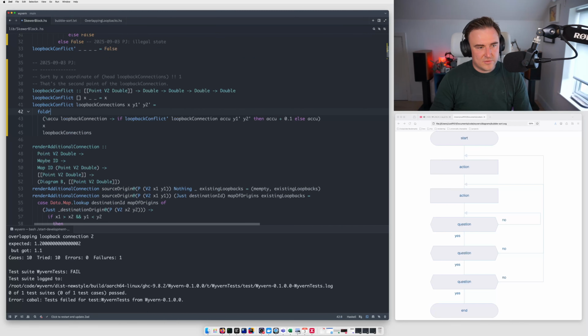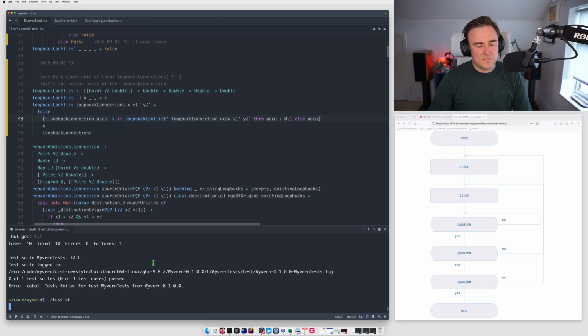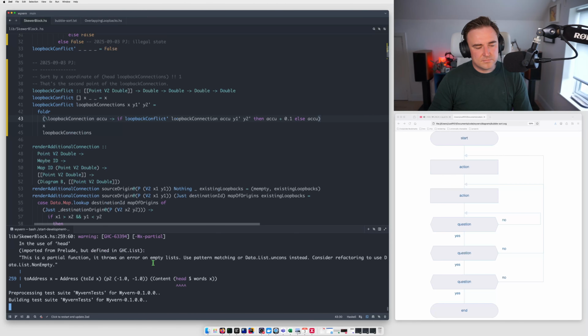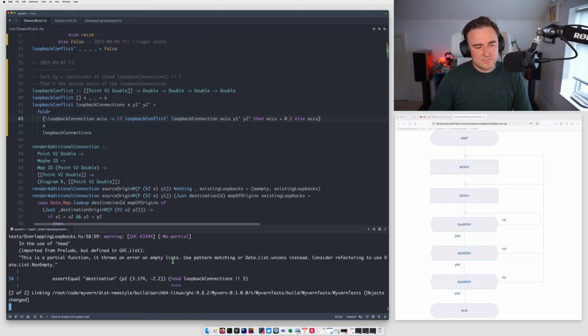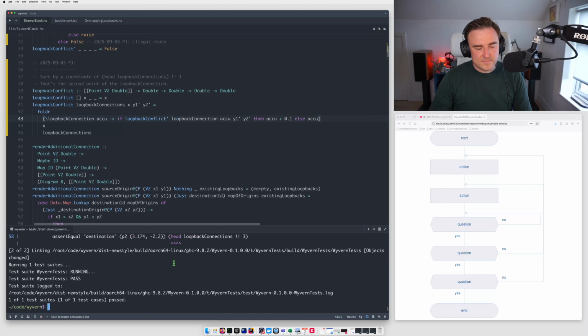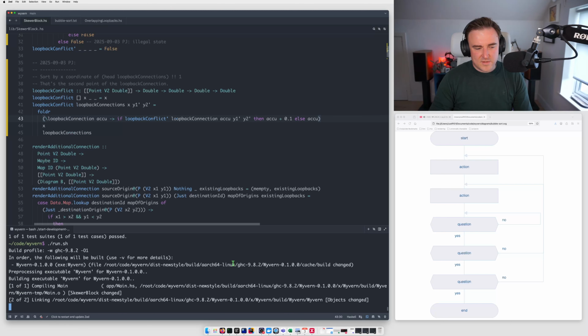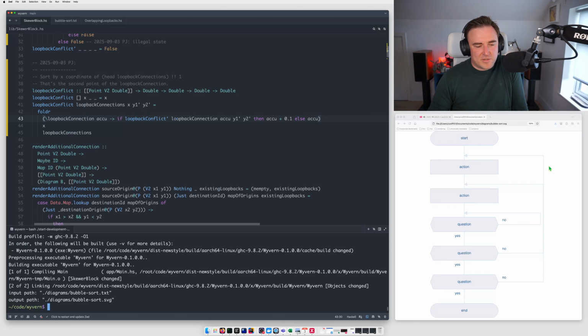So let's do foldR. And now it should pass. Okay, so let's run it. And if this doesn't produce expected results, meaning no overlapping loopback connections, means we have a deeper problem. But it does.